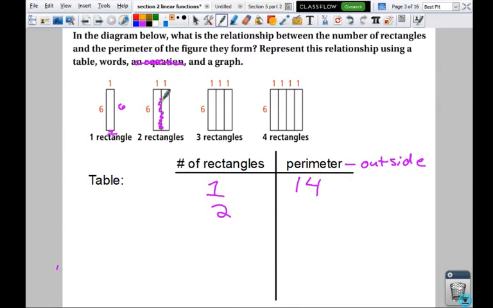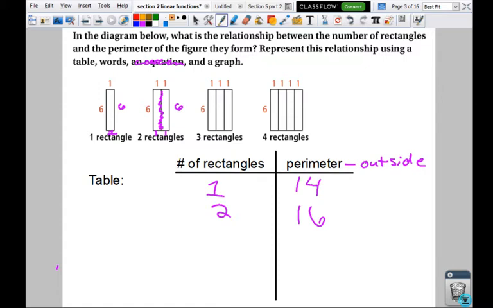So I don't even need that. All I care about is the outside. So if left is 6, the right is 6. If this top piece is 1, this bottom piece is 1. If this top piece is 1, this bottom piece is 1. So my perimeter, I just have to add up the outsides. So 6, 7, 8, 14, 15, 16. My perimeter is 16.